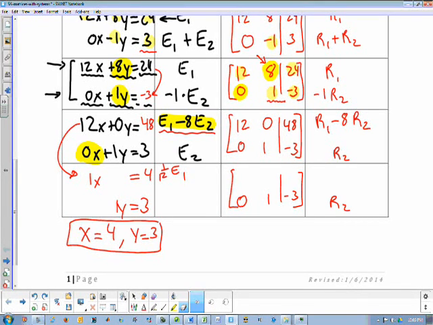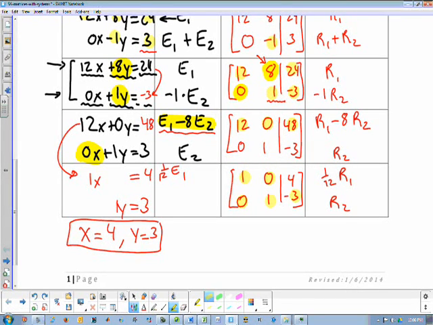Row 2 we're just going to copy. For row 1 we want it to be 1, 0, and we can do that by taking 1/12 times row 1 from above, and we get this. 12 times 1/12 gives us the 1 we're looking for. 0 times 1/12 is 0. 48 times 1/12 gives us 4.